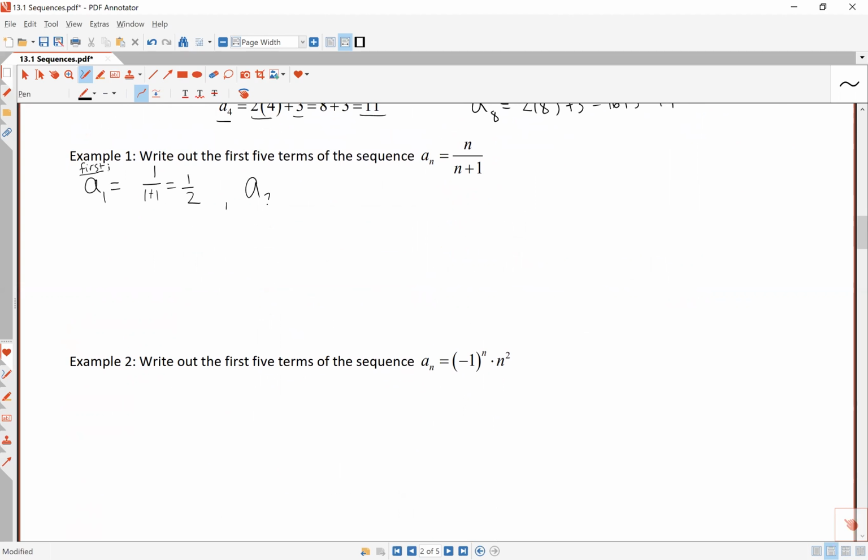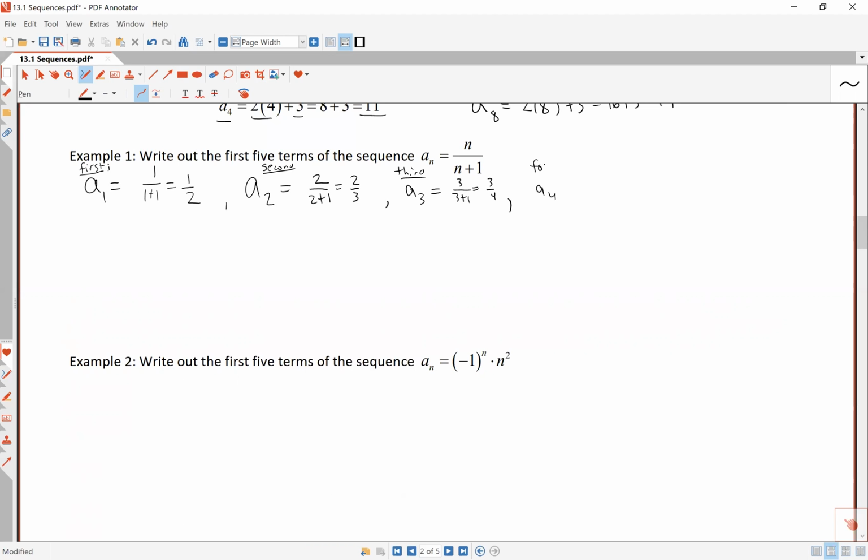The second term in the sequence is 2 over 2 plus 1, which is 2 over 3. The third term in the sequence is 3 over 3 plus 1, which is 3/4.